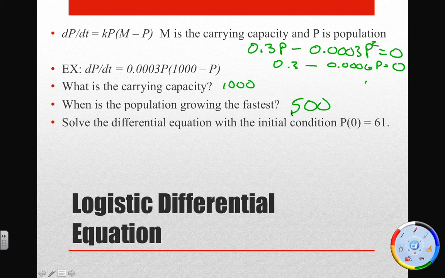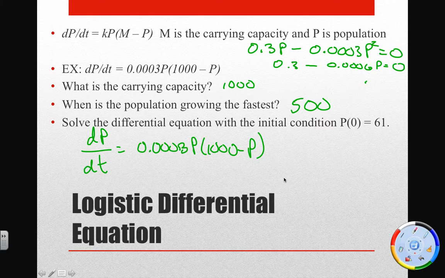But here's the hard problem. We want to solve this differential equation with the initial condition P of 0 equals 61. So this is kind of hard. We have to think about what we did in the last section. dP/dt equals 0.0003P times 1000 minus P. And we've got to figure this out.